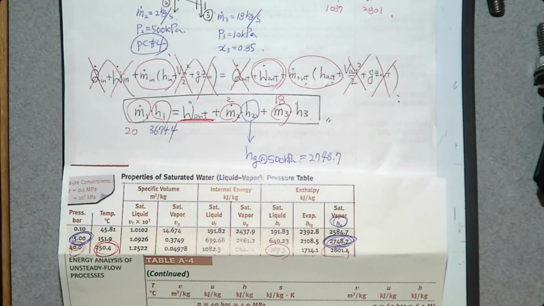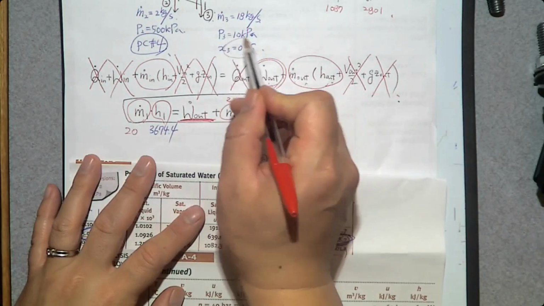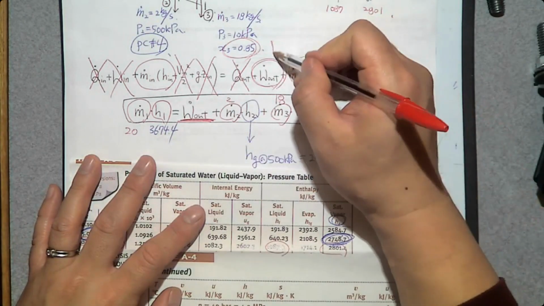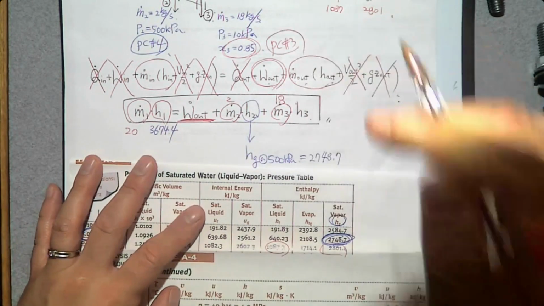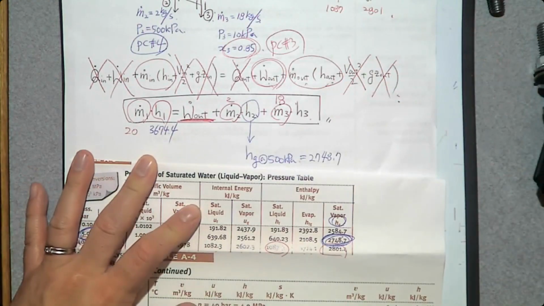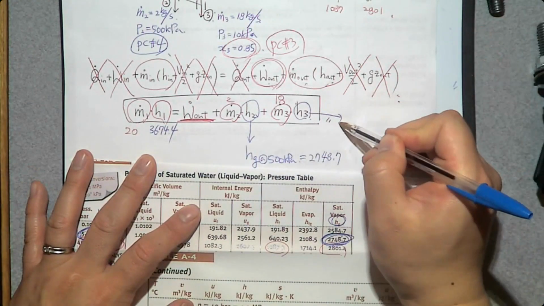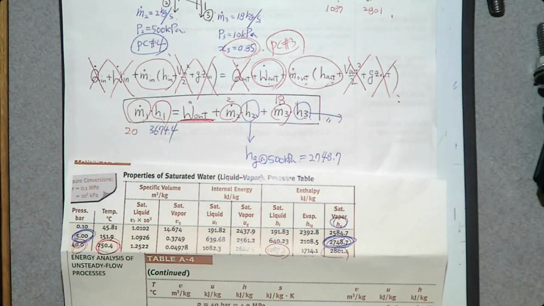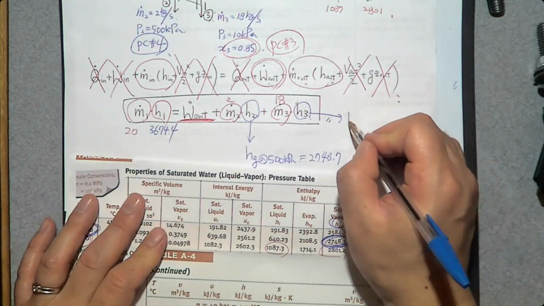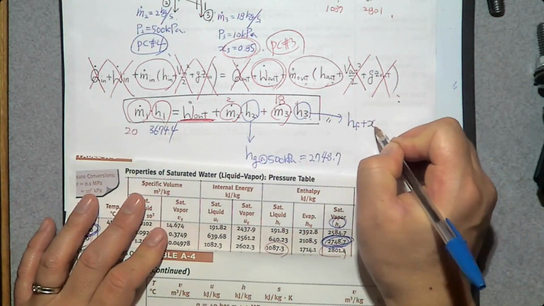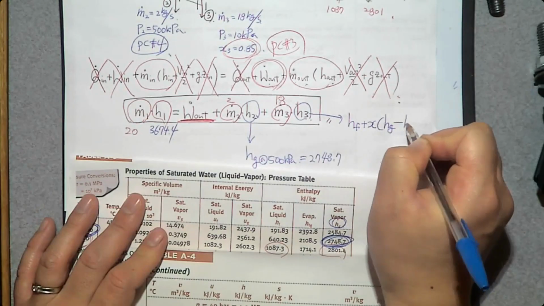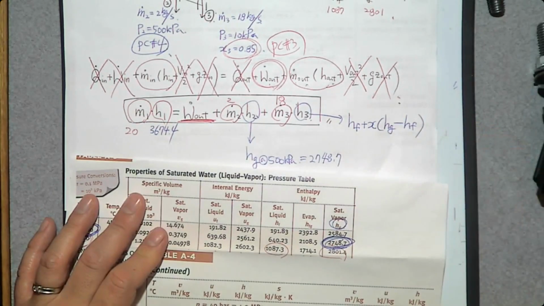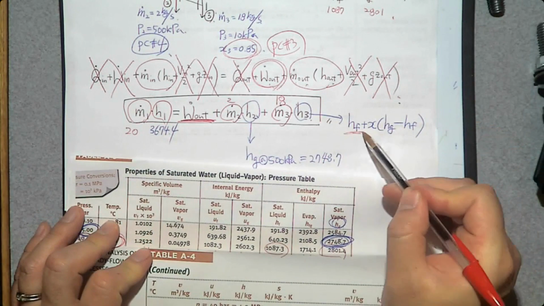What is the phase change process at number 3? Oh, we have quality x between 0 and 1. That means we have a mixture. If you have a mixture, how do you determine its enthalpy? By using linear interpolation. That is Hf plus quality x times Hg minus Hf. From here, what is Hf?